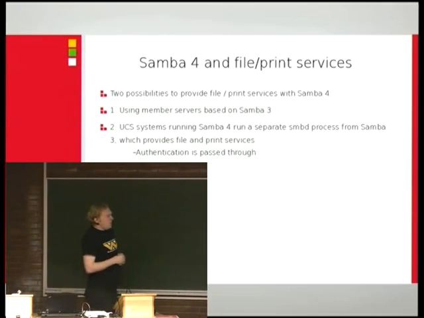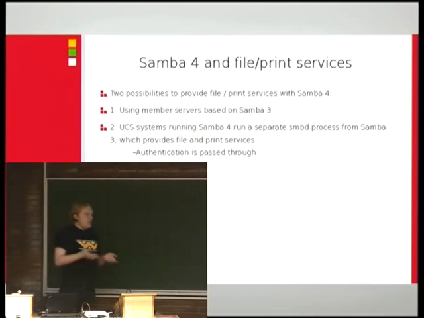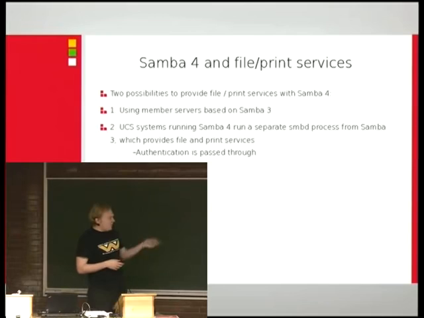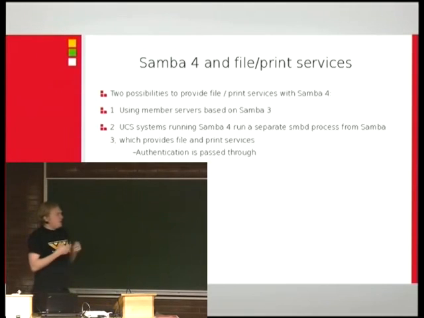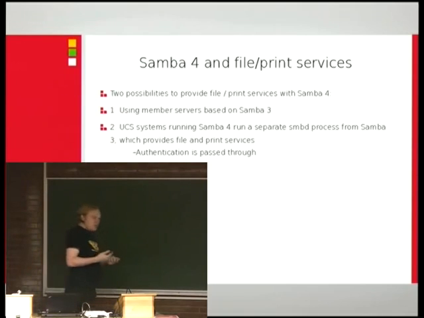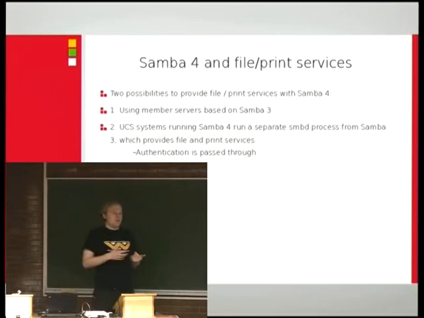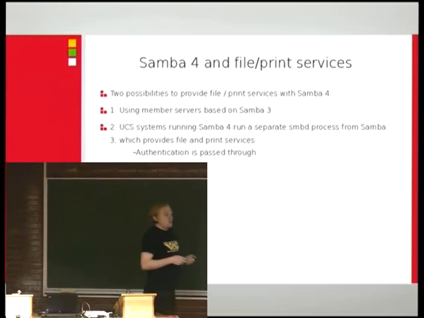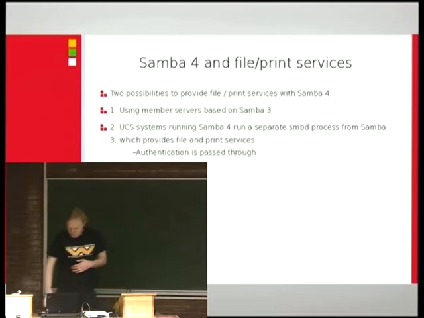And if you want to provide file and print services based on Samba 4, then there's the additional setup that the smbd process from Samba 3 is running in addition to the Samba 4 daemons, and it's been configured so that authentication is directly passed through.